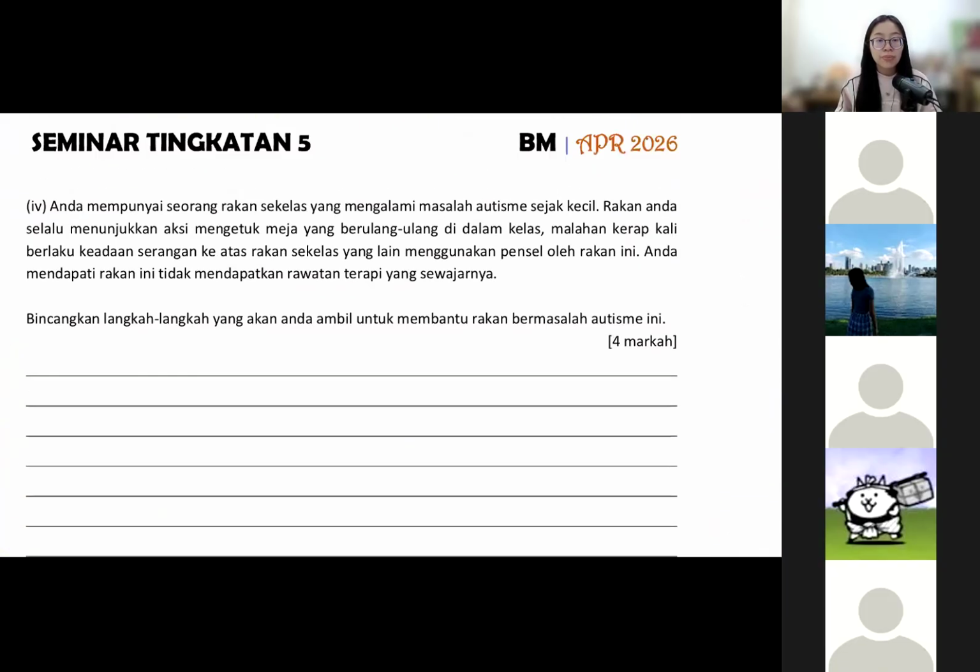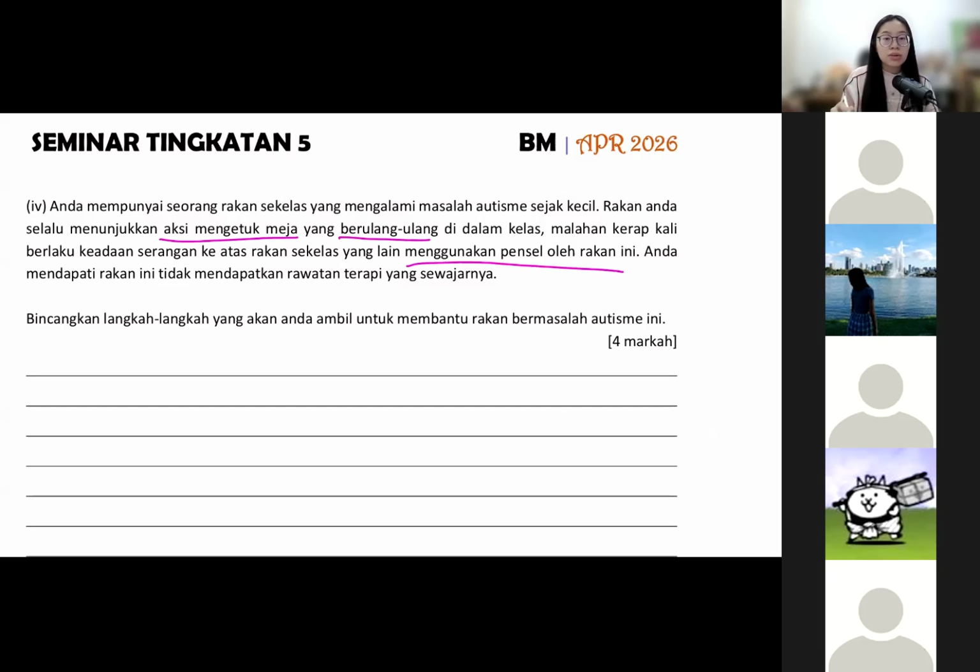Okay, for example here, Anda mempunyai seorang rakan sekelas yang mengalami masalah autisme sejak kecil. Rakan Anda selalu menunjukkan aksi mengetuk meja yang berulang-ulang, keep on repeating, dan malahan kerap kali berlaku keadaan serangan, which is they have actions to attack the classmate yang lain menggunakan pensel rakan ini.